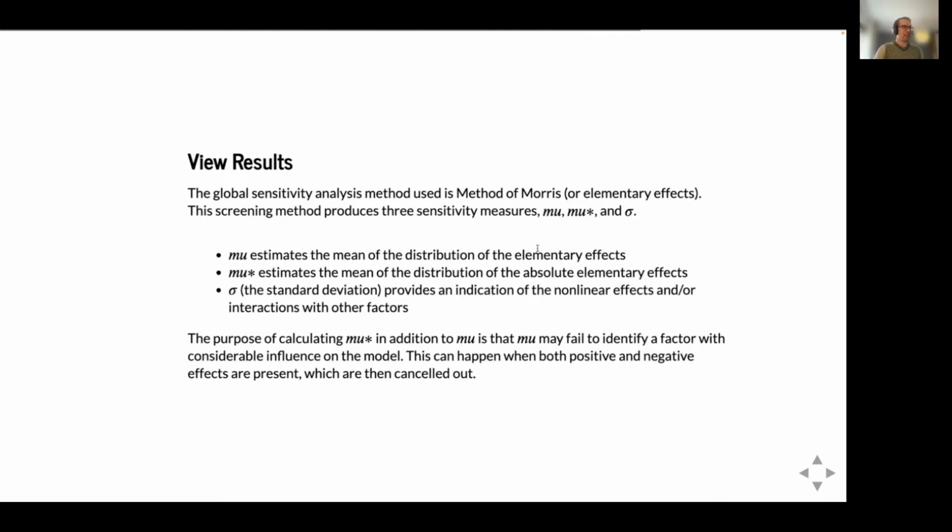So it basically does an absolute transformation of the elementary effects, and that's useful if you have effects that are both positive and negative when a parameter changes over its range. And then sigma provides an indication of the non-linear effects or the interaction with other factors. So I think the method of Morris is reasonably intuitive to understand. The papers written on it are pretty clear.